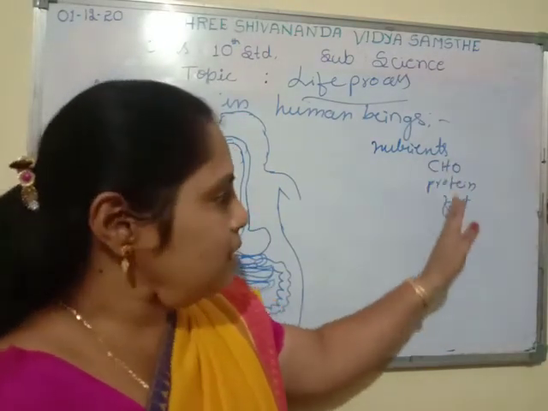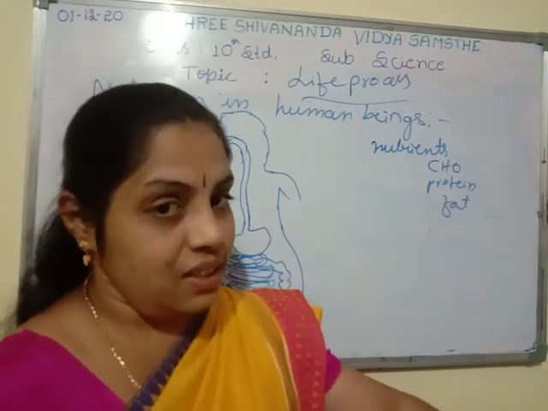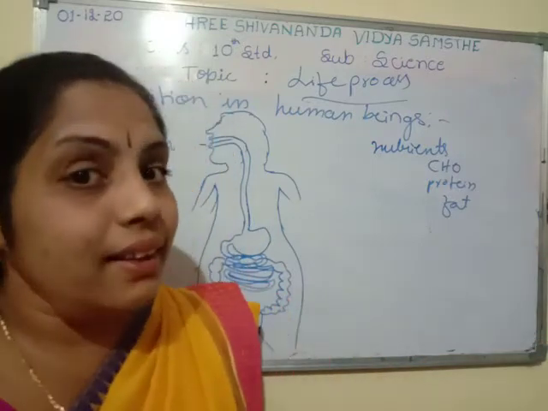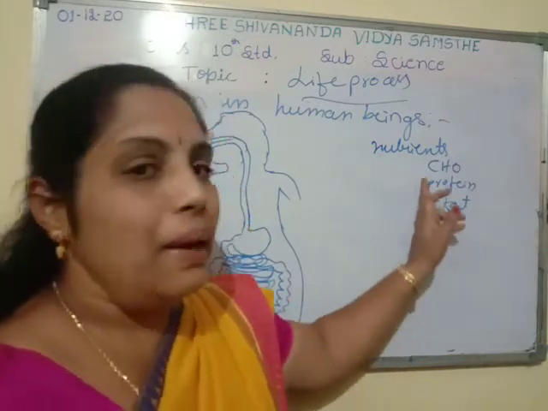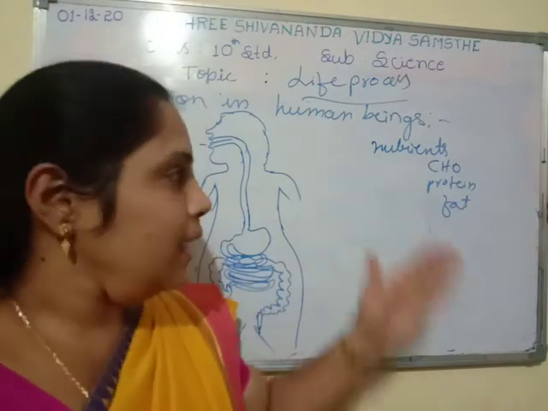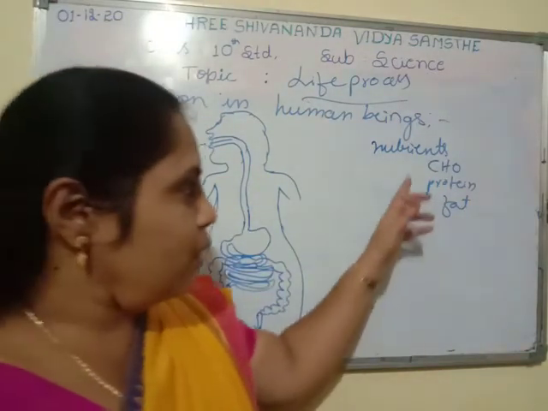Okay, so these nutrients should reach the blood. All the nutrients should join the blood. How do they join? Because they are all complex material, big food molecules. What should happen to them? They should break down.